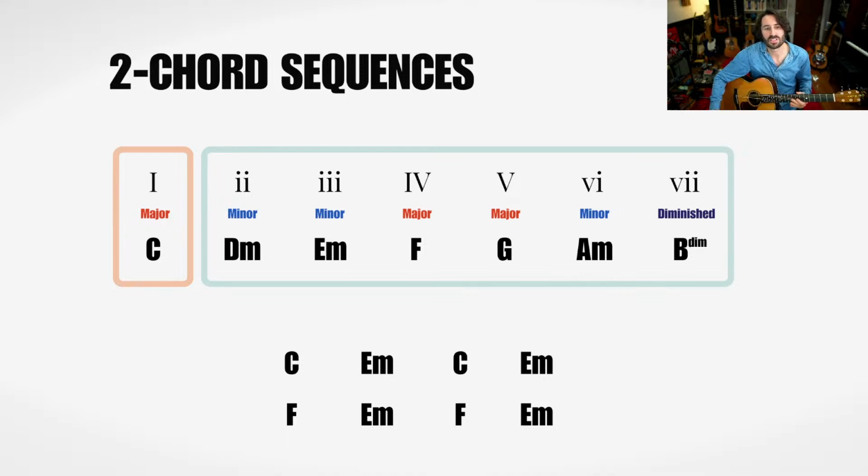We could sub that F out. Let's sub that F chord out and bring in the A minor. And this time we might leave the F chord. So we've introduced 2 new chords now. We've gone A minor to E minor to F, back to E minor. Let's see how that sounds.